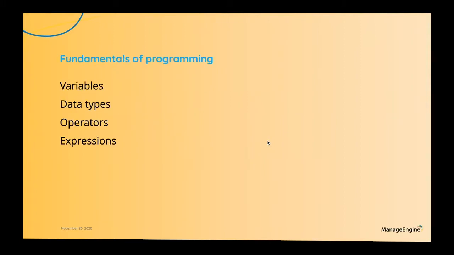And before we move on and discuss how we can write scripts, we're going to discuss some of the fundamentals of programming. This is not specific to Deluge, and this is applicable to any programming language that we know of, right? So first one, let me start with the variables. Variables are a kind of data item.